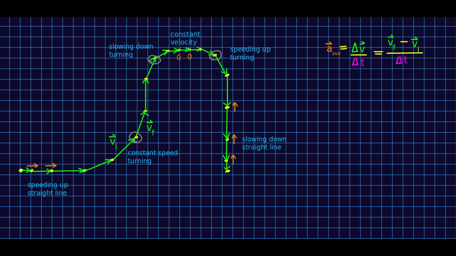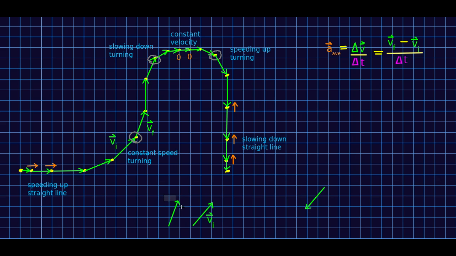So I'm going to copy those vectors out. Here is my VF, roughly. And here is my VI, roughly. And remember that I need to flip my VI end for end to get negative VI. So I'm going to draw that.